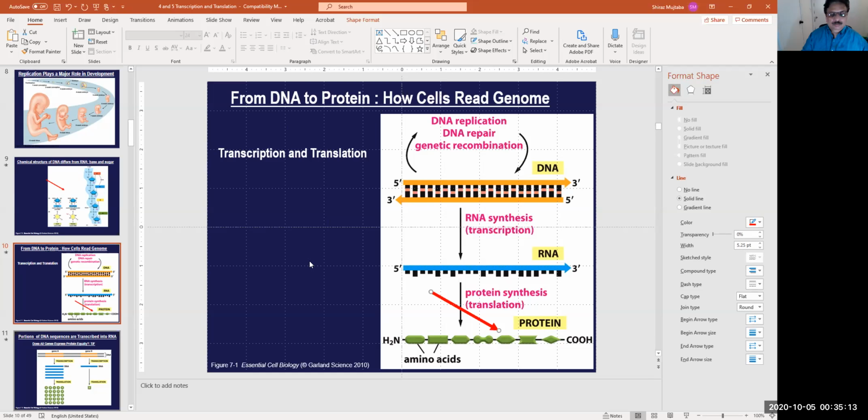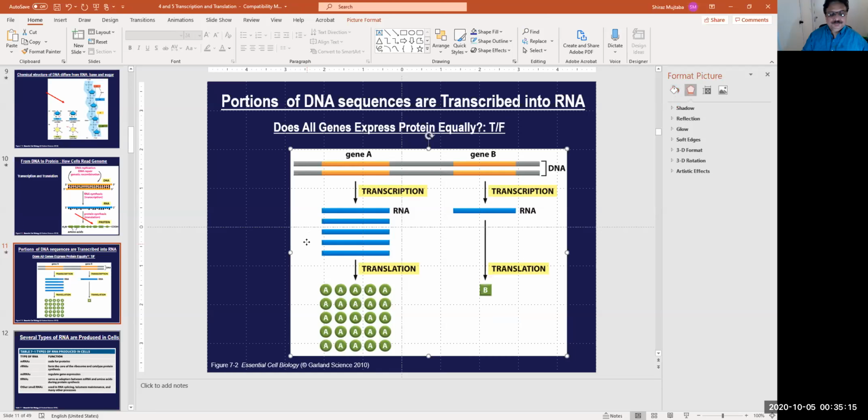Now, within a cell, the cell is just like a business house that works on the demand and supply chain.